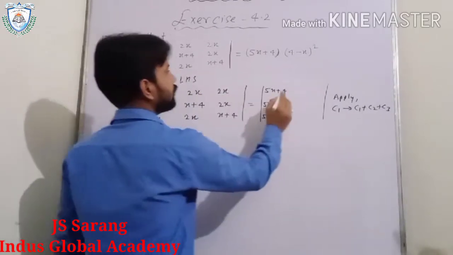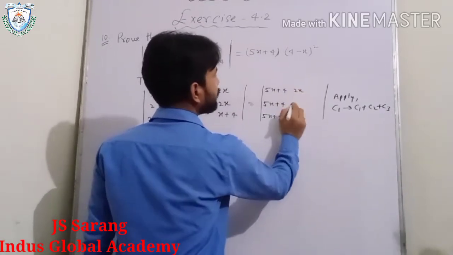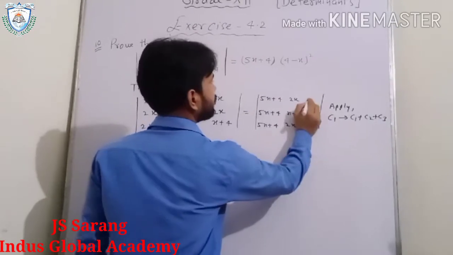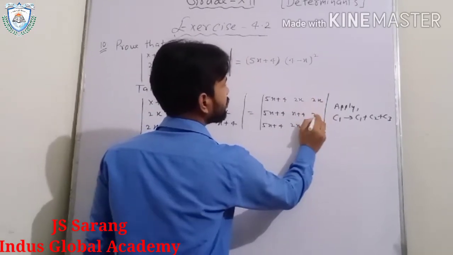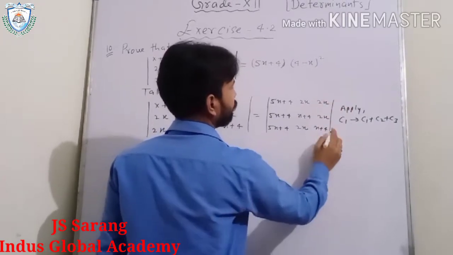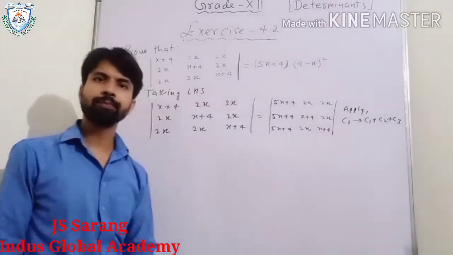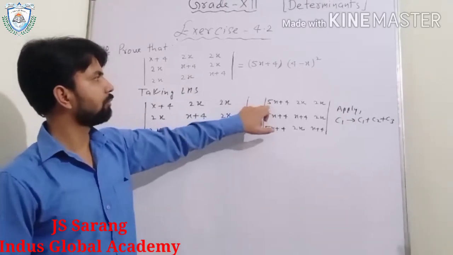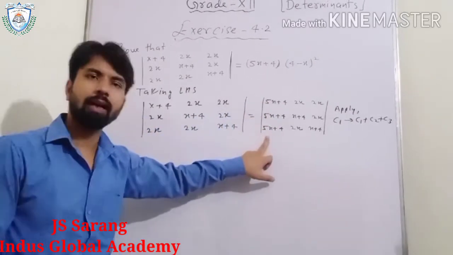Now the second column is 2x, x plus 4, 2x. The third column is 2x, 2x, x plus 4. Clear? Now see, all the elements of the first column are the same: 5x plus 4, 5x plus 4, 5x plus 4.